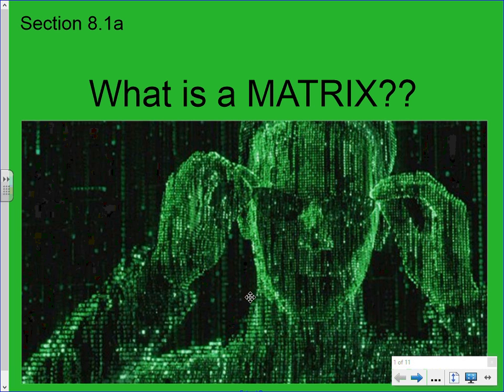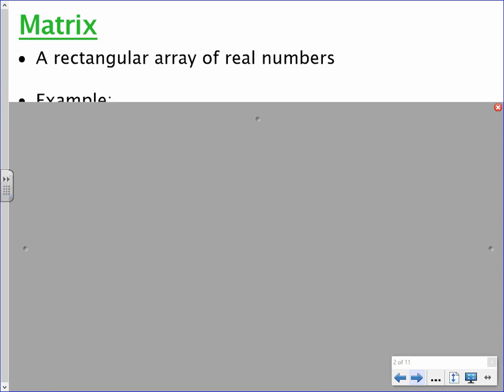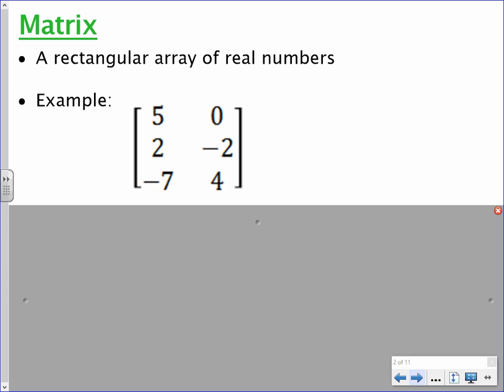A matrix is a rectangular array of numbers. Numbers in brackets, like this. It looks kind of like a table of numbers.